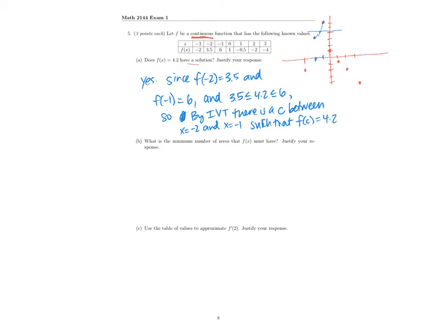So the c would be a value somewhere here, where it goes through that line at 4.2.